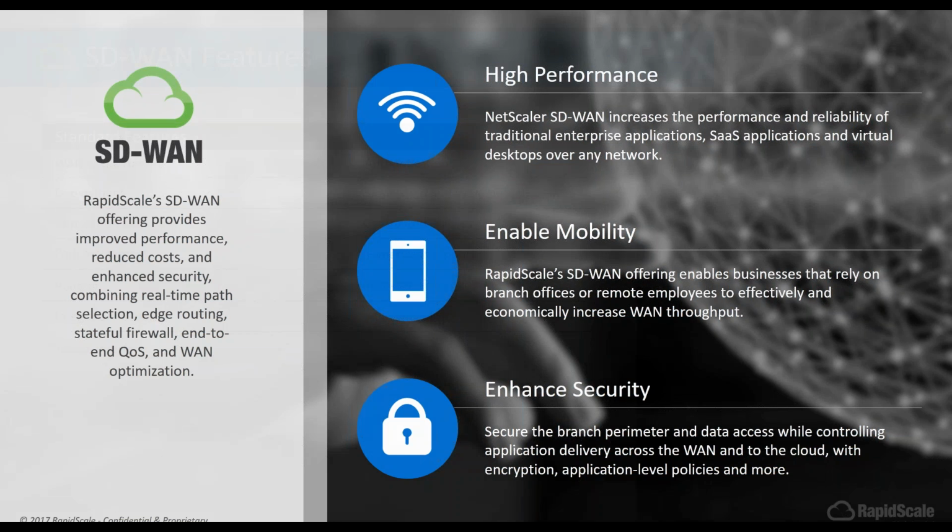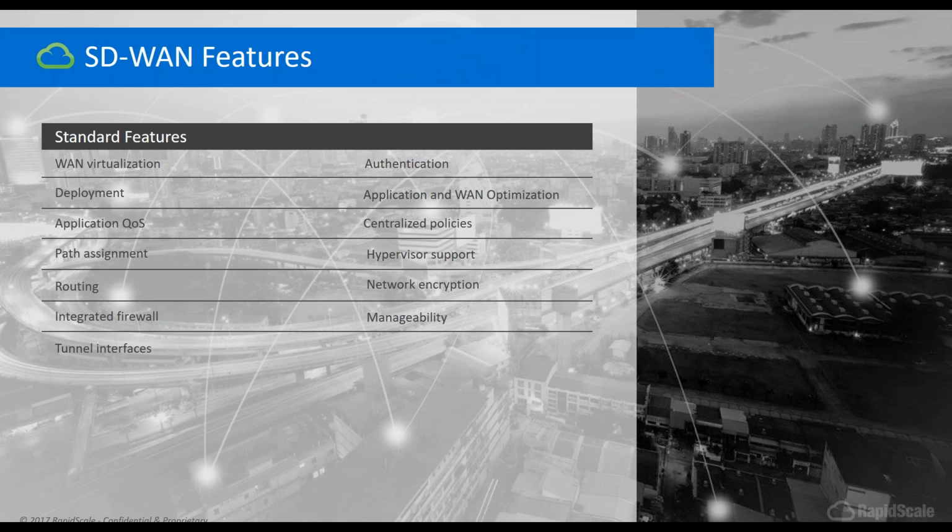Some of the features that come with SD-WAN, we talked about a couple of those: WAN virtualization, WAN optimization. For the deployment, once we've gone through the architecture and the design of it in the pre-sales process, or in some cases in the post-sales implementation process, the actual implementation is pretty straightforward.